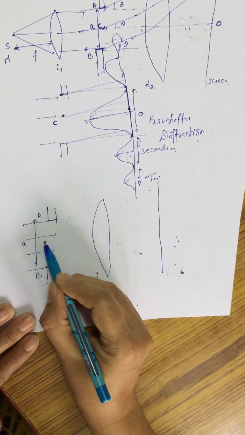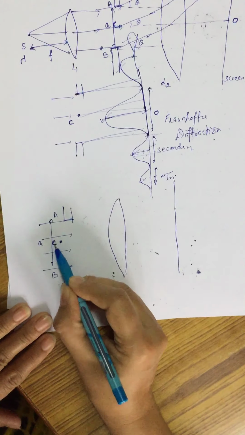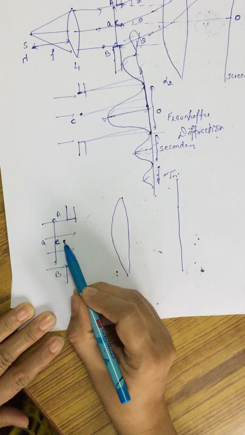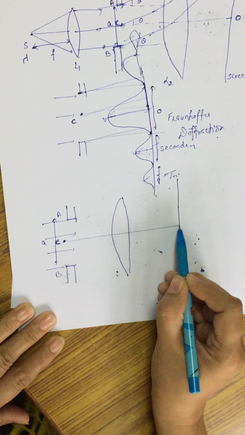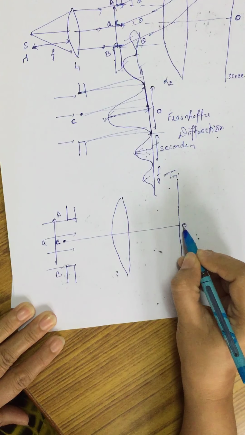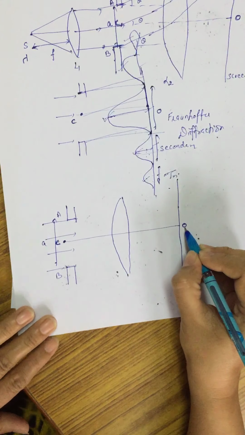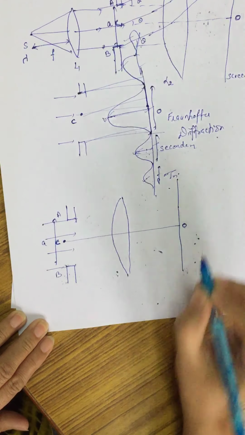And let us consider again, C is the midpoint of the slit, and opposite to C there is a point on the screen, and we are denoting it with O.